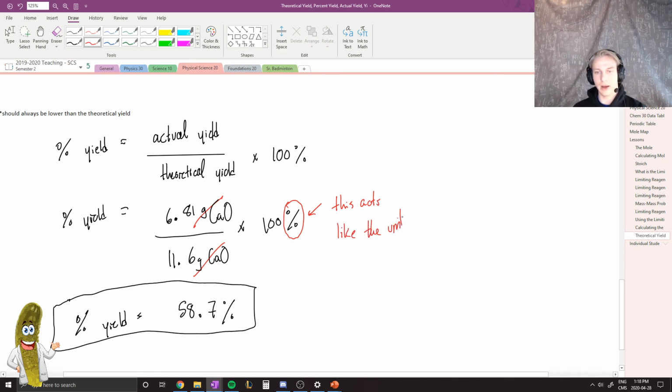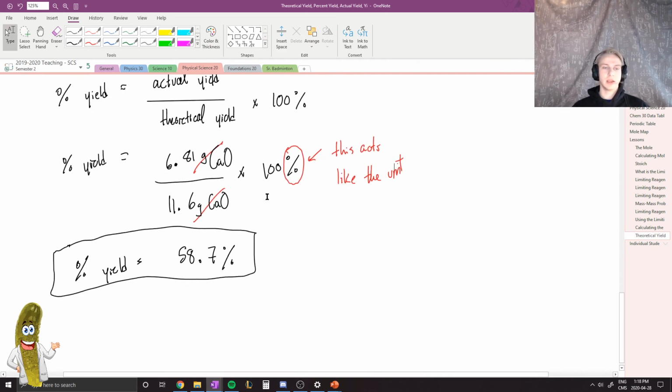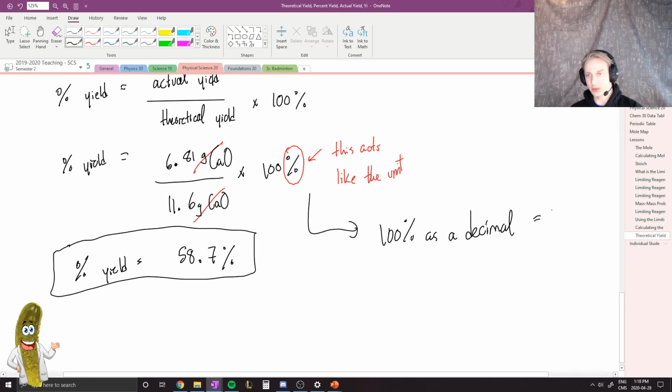If I were to talk about 100% as a decimal, 100% as a decimal is just 1. But when you are figuring out your grades in your calculator, for example, if you were to get 9 out of 10, you would see 0.9 on your calculator.